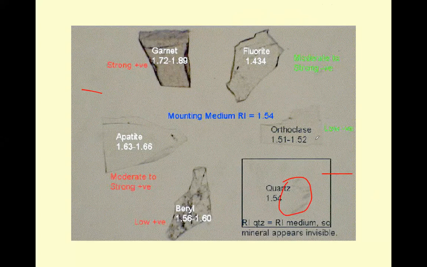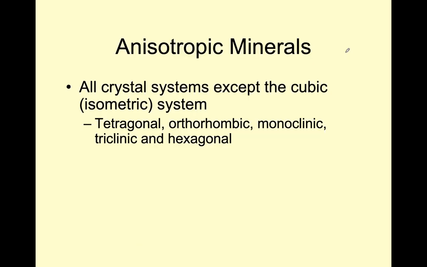And orthoclase is also showing very slight, very low relief. Like that, fluorite, apatite and beryl will be showing different relief styles. All these things you can observe in the class.